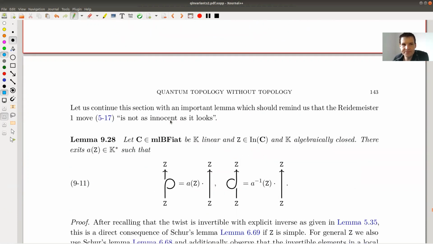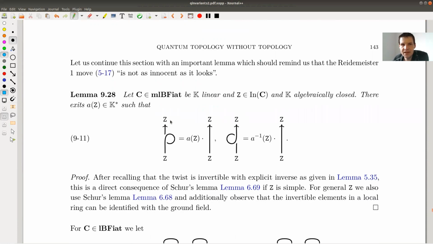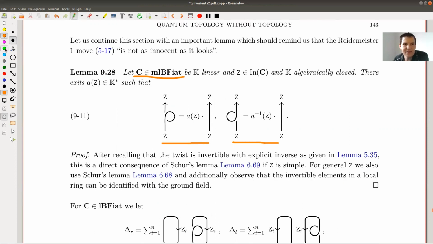You get the point. And as I said, usually in the setup, the Reidemeister one move only holds up to a scalar, and you can't really control the scalar. The scalar can be anything. The only thing you basically can say is that the scalar is invertible. Okay. That's what you can say. So Reidemeister one is a bit weird, right?